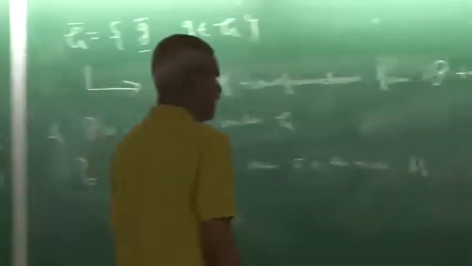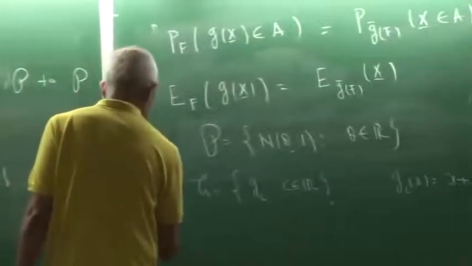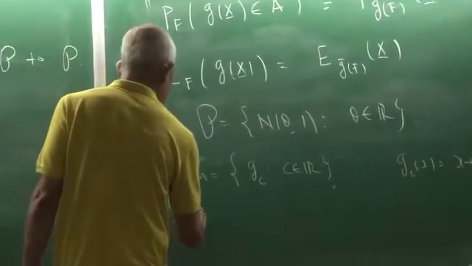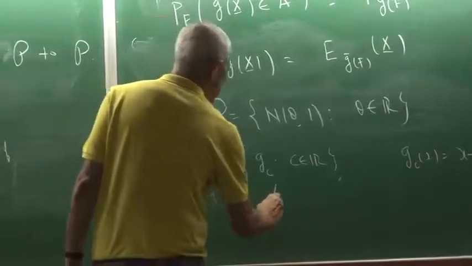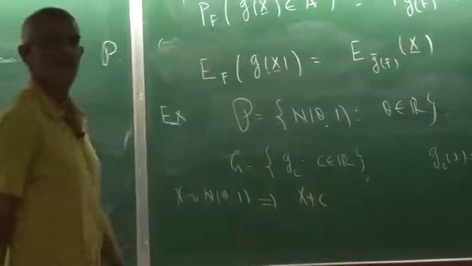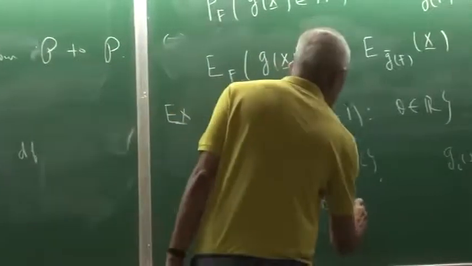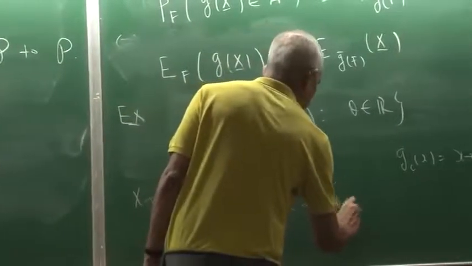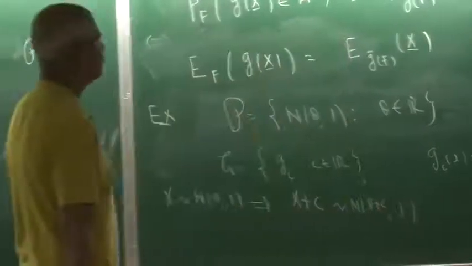Now note that if x has a normal theta 1, this implies that x plus c would have normal theta plus c, and again variance 1.